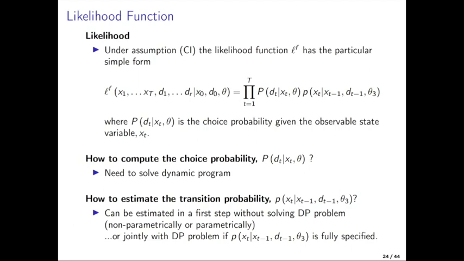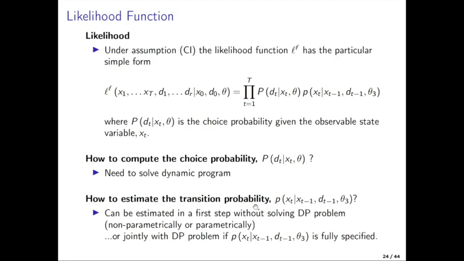So if you're not up to speed with how to calculate that, I refer you to the first part of the lecture. But the key thing is we need to solve a dynamic program every time we evaluate the likelihood function. You see, it's here, the choice probability also requires solving the dynamic program. It's going to be a little bit more transparent on the next slide.